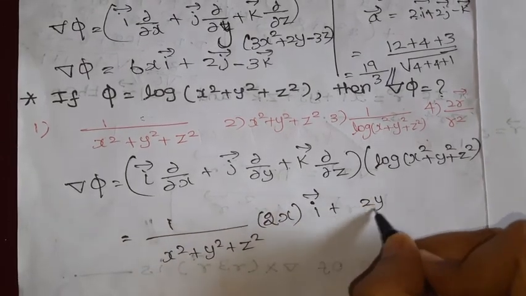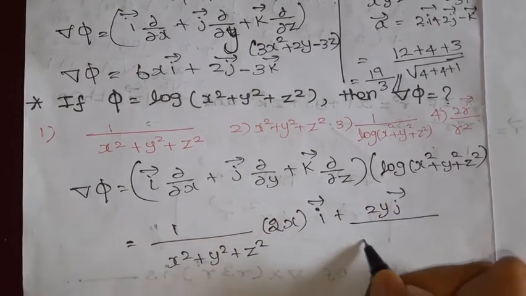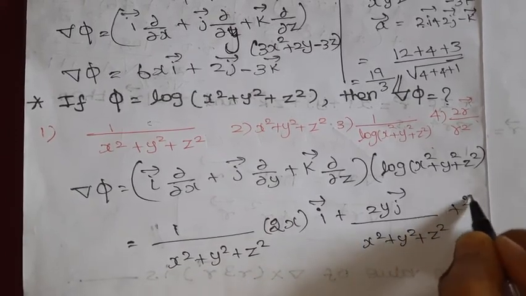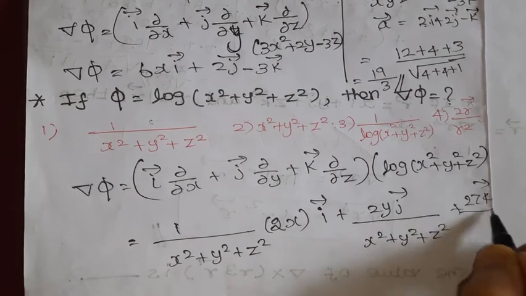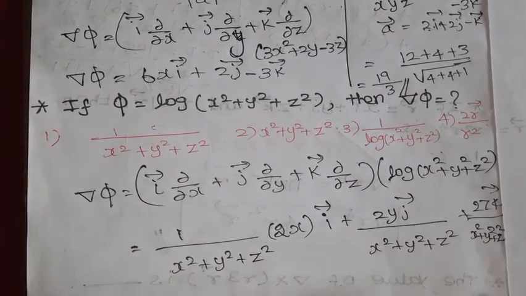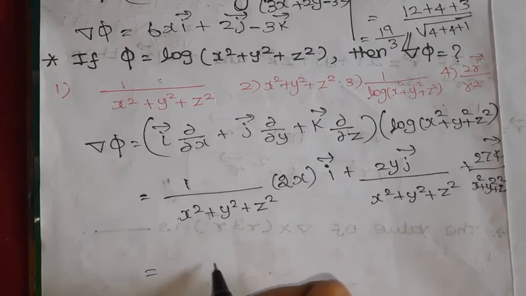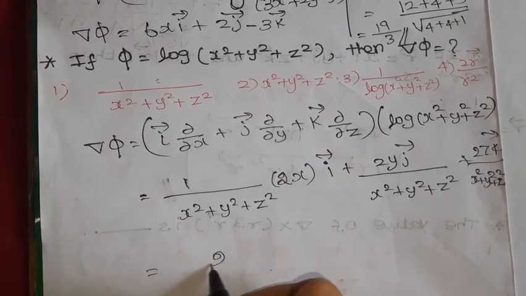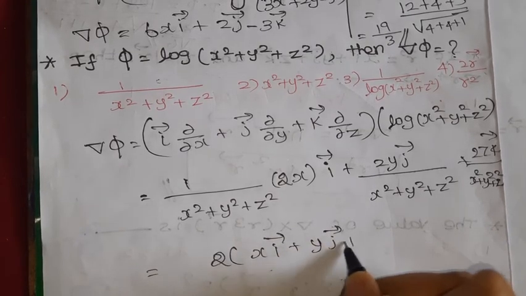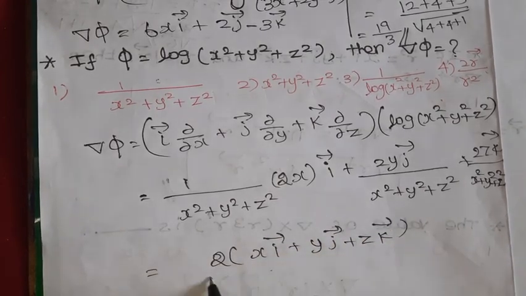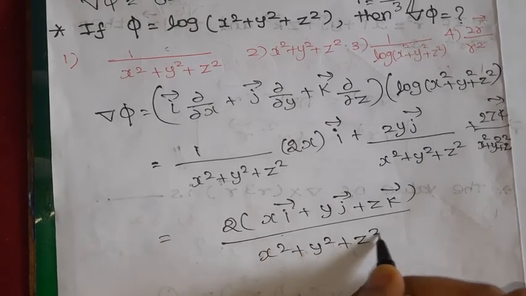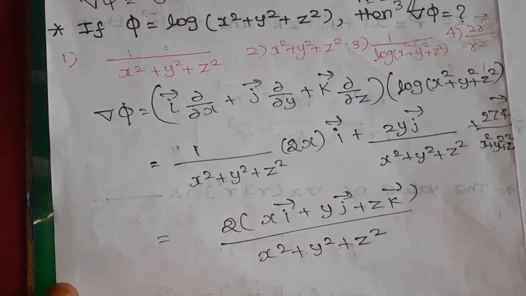Similarly, 2y into j divided by the same thing, x squared plus y squared plus z squared, right? Then 2z into k vector divided by x squared plus y squared plus z squared. Okay. When we take 2 outside, what we will get? 2 into xi plus yj plus zk divided by x squared plus y squared plus z squared.